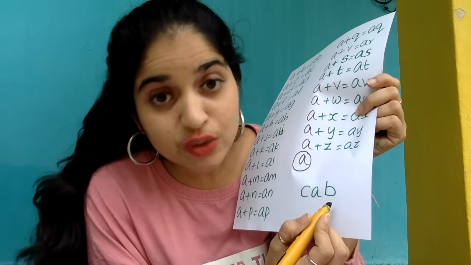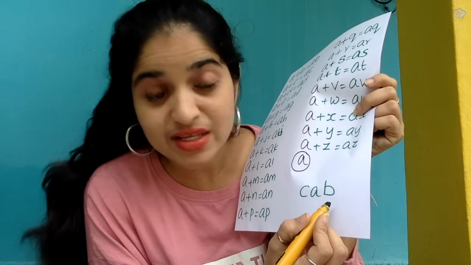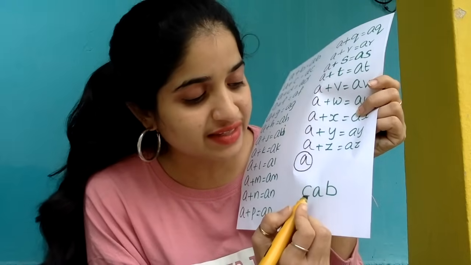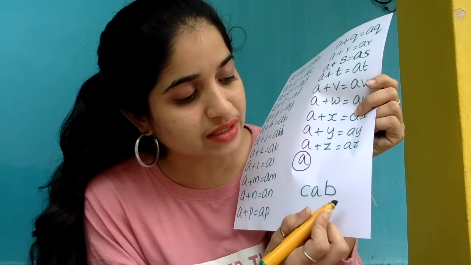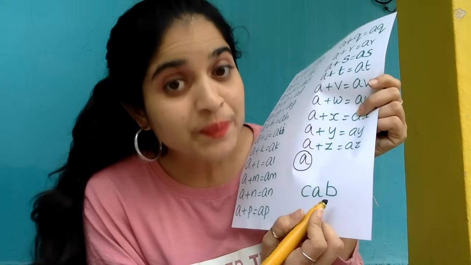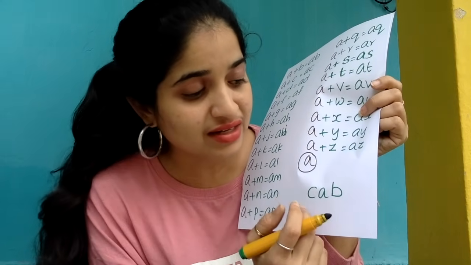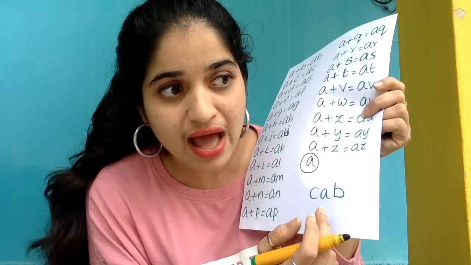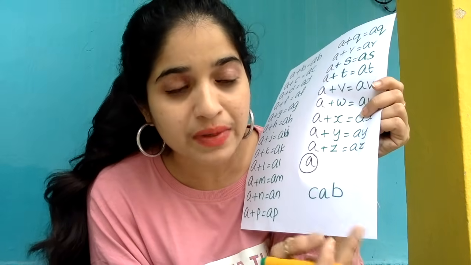So when you tune it and read, as I asked you, this is a very important tip of phonics. When you tune it and read like this, k, a, b, the child is already hearing the sound it makes. K, a, b, cab, cab, cab.